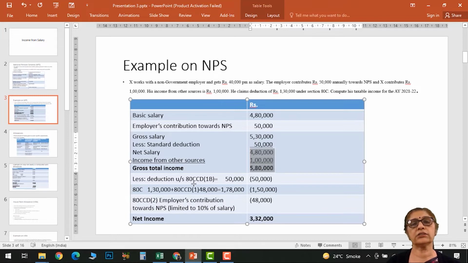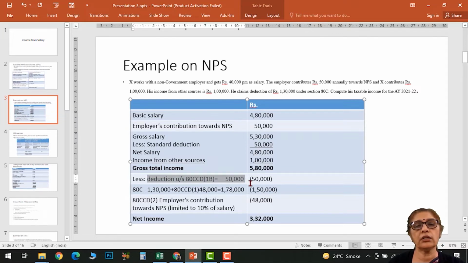And we have deductions under 3 sections. By virtue of the fact that the employee contributes towards NPS, he gets covered under CCD1 and also CCD1B. And by virtue of the fact that the employer contributes towards your NPS, he gets covered under CCD2. So first, as I told you, we should give deduction under CCD1B.